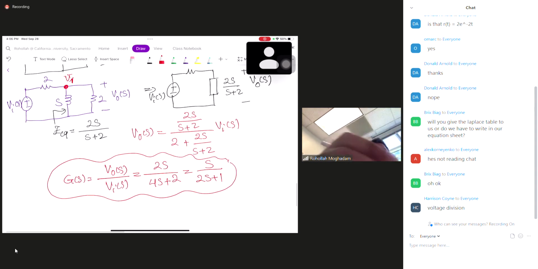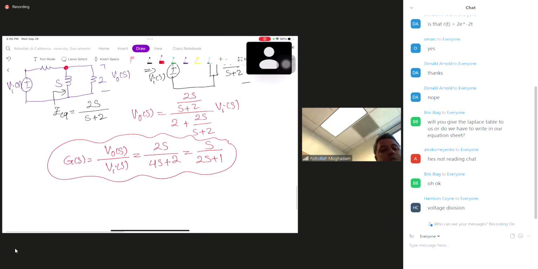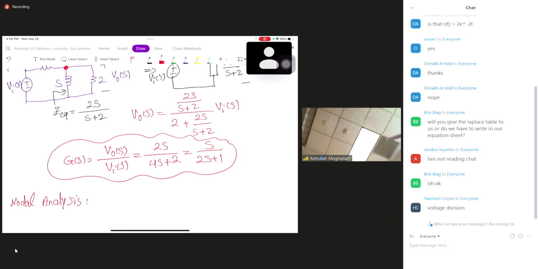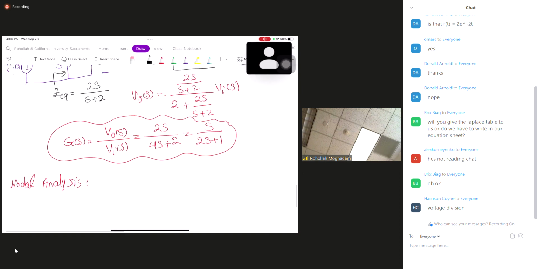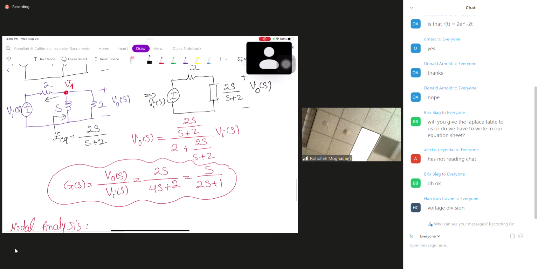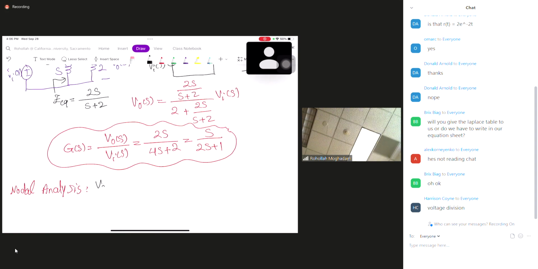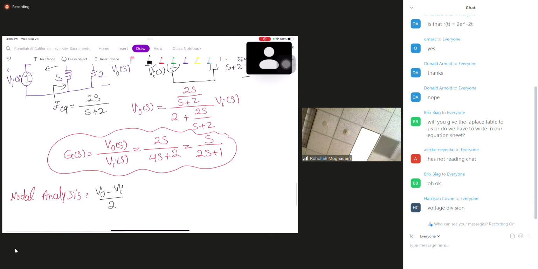Another approach with nodal analysis is that, with the voltage at this node being VO, it's going to be VO minus VI over 2 plus VO over s plus VO over 2 equal to 0.